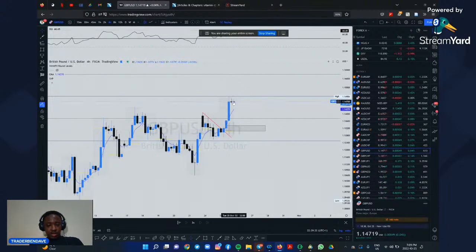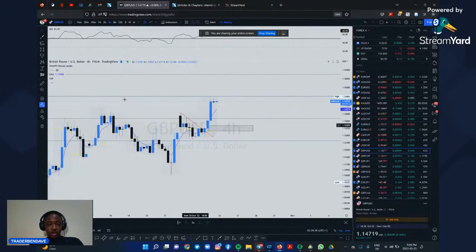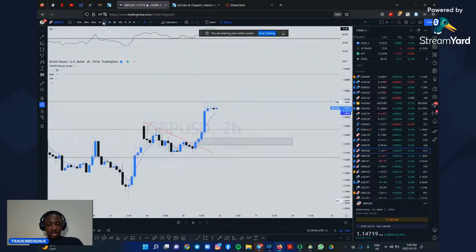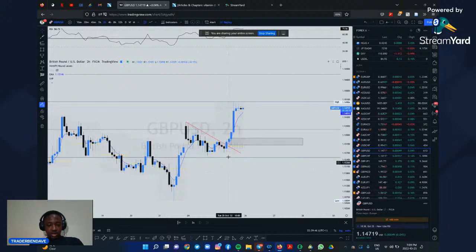I'm trying to find the exact levels that we're looking at. So I don't remember the exact analysis that we did because I didn't really follow up on this. So I've not taken any GBP USD trade from that day.